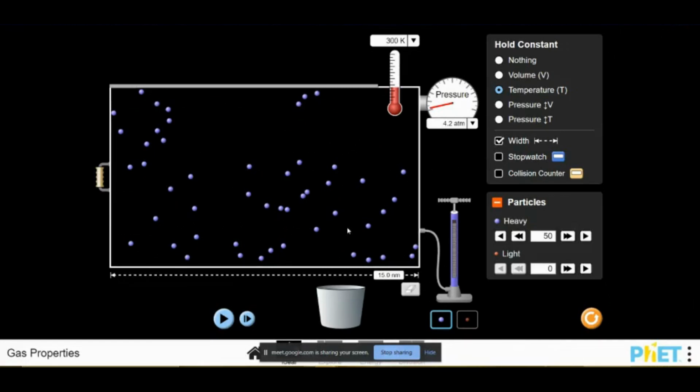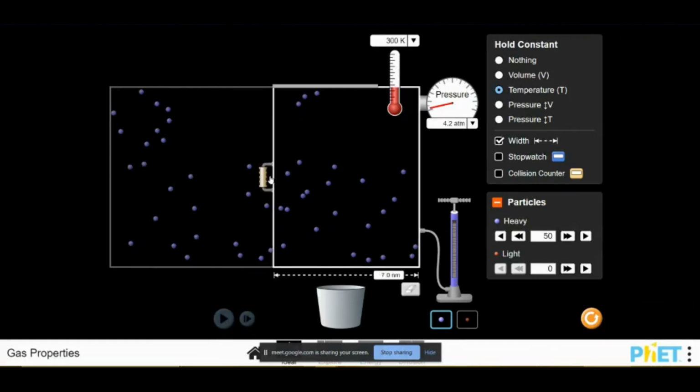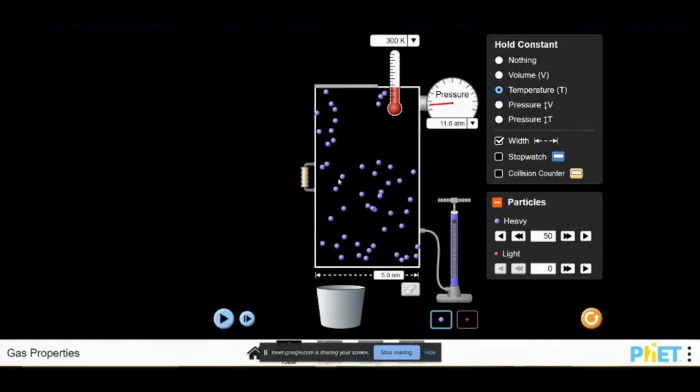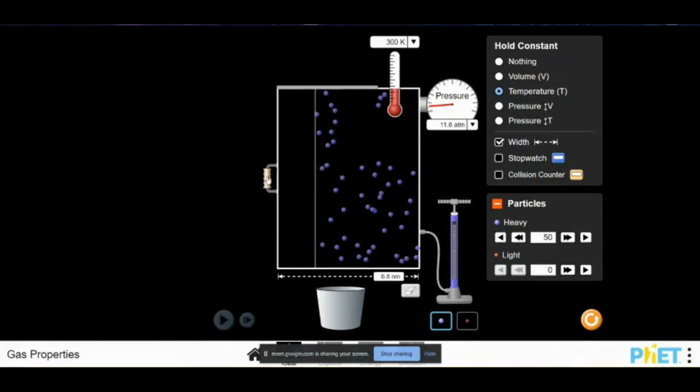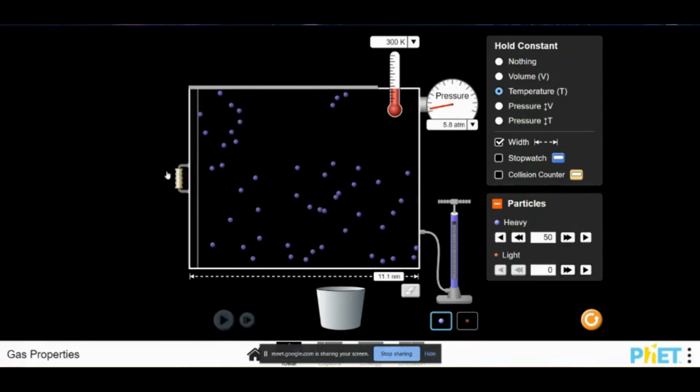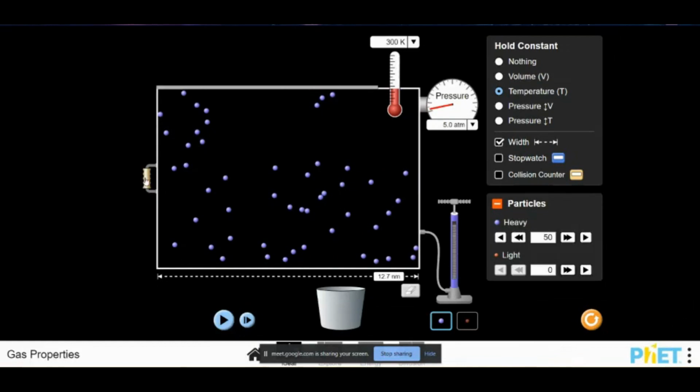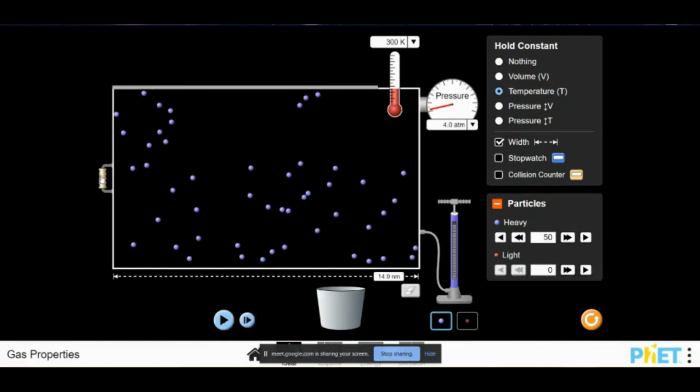From what we observe, when the particles are in a small container, the pressure is very high. But when the container is dragged larger, the pressure becomes smaller.